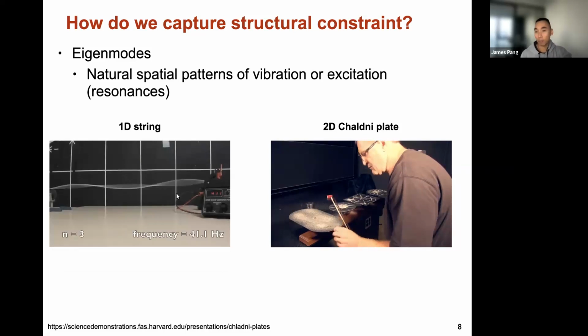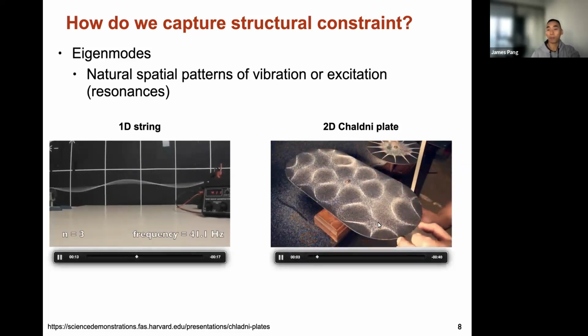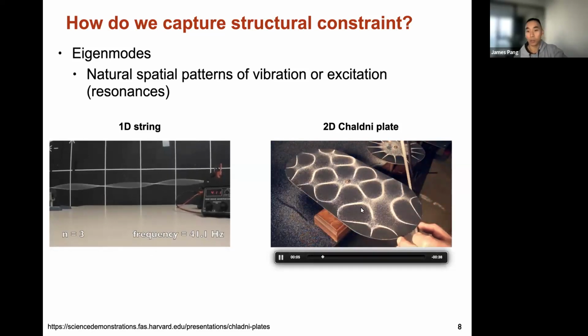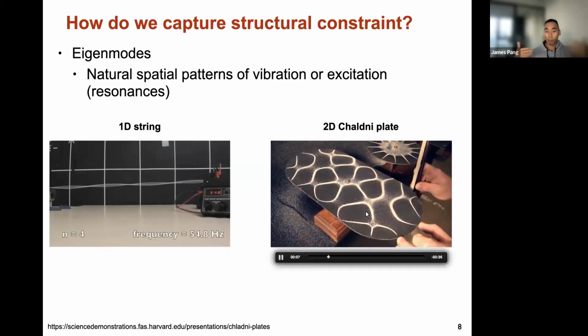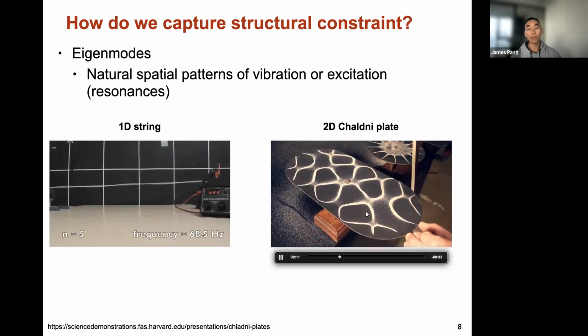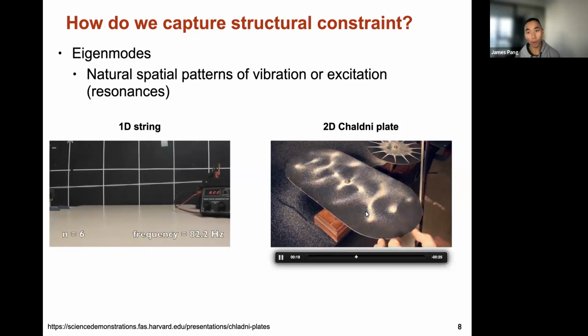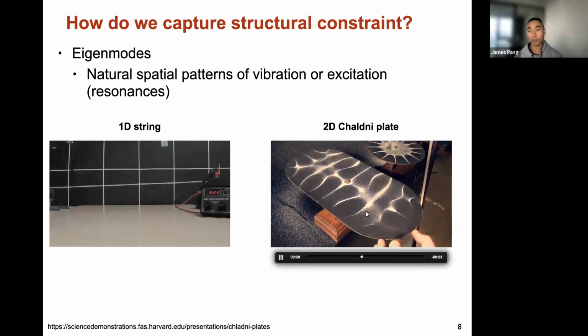And in a 2D cladding plate, for example, each plate would have its own intrinsic eigenmode. And the properties of these systems, the string and the plate, heavily dictate the patterns or the eigenmodes that you will get. When I say properties, it could be the length of the string, the density of the material, and the length, the size, and so on and so forth.